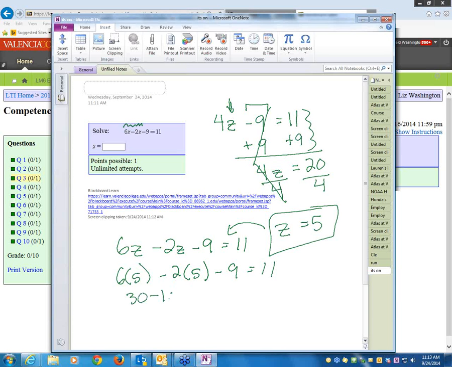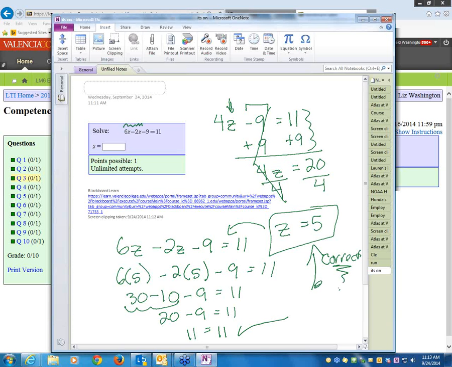With the minus sign is minus 10. Minus 9 equals 11. 30 minus 10 gives me 20, minus 9 equals 11, and 20 minus 9 is 11 equals 11. This is a true statement. That means that my answer above is correct. Okay, any questions on that?